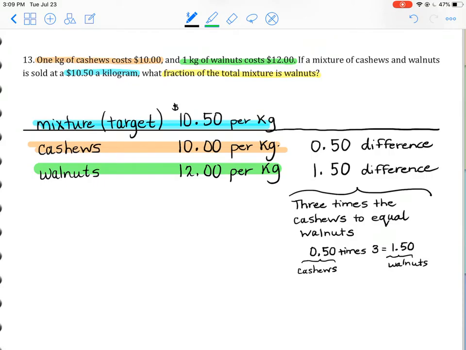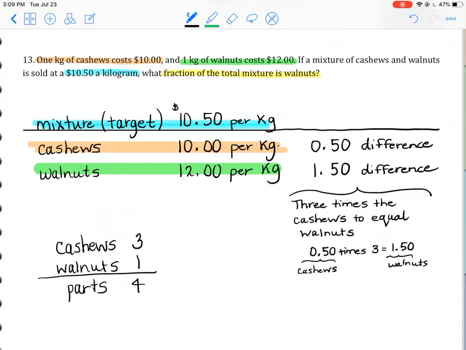Because what that's saying is this, that the cashews are 3 times the walnuts in this mixture, and that's a total of 4 parts.